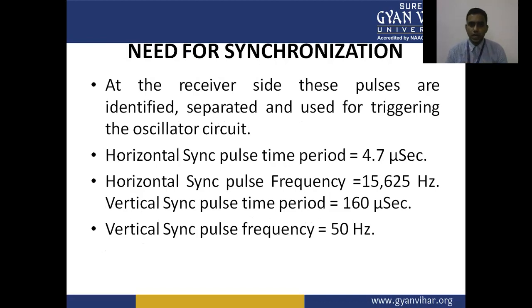At the receiver side, these pulses are identified, separated, and used for triggering the oscillator circuit. In the transmitter, we transmit the sync pulse with the signal, and at the receiver these pulses are identified and separated, and used to trigger the oscillator circuit.